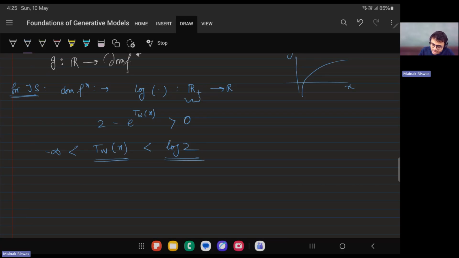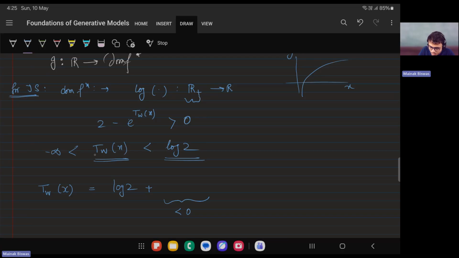So now, can I write it like this? As tw of x is log 2 plus something that is less than 0.